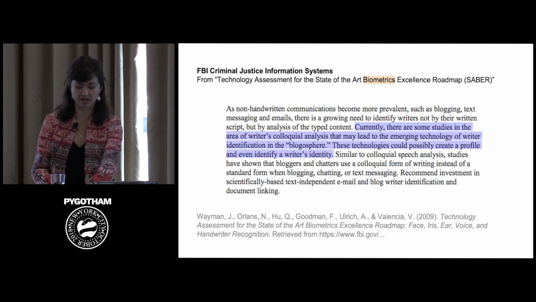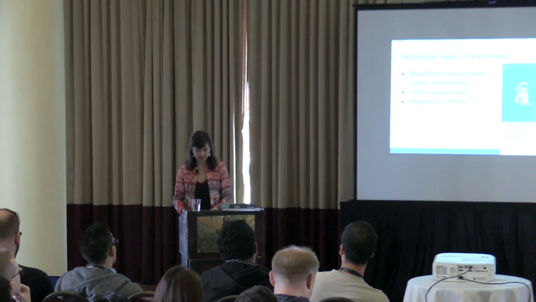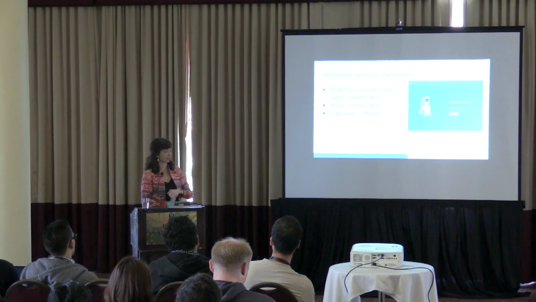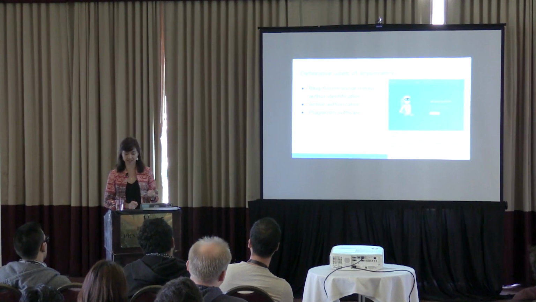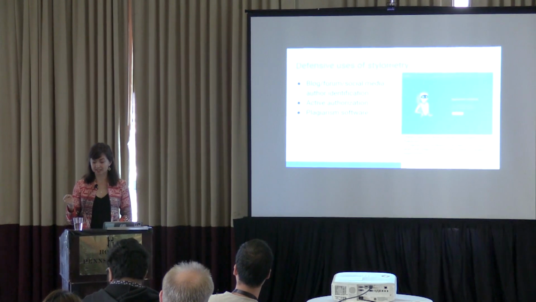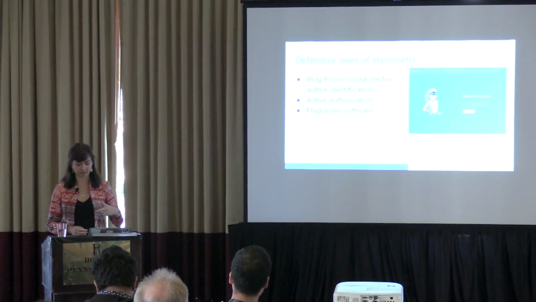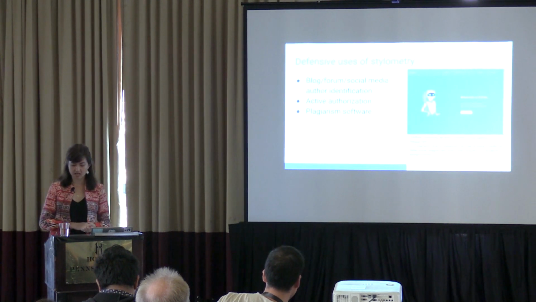So just a couple of other uses of what I'm calling defensive uses of stylometry. Using writing style as a behavioral biometric identifier, the FBI is positing stylometry as a kind of defense, as a weapon that they might use against, say, terrorist groups who recruit online or who are active in forums.